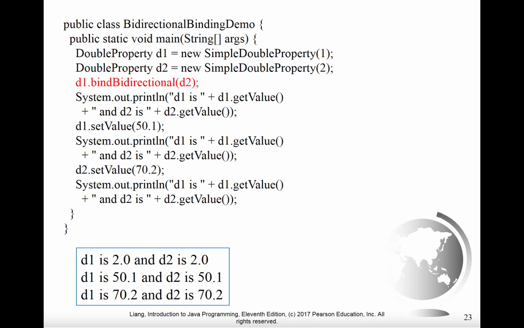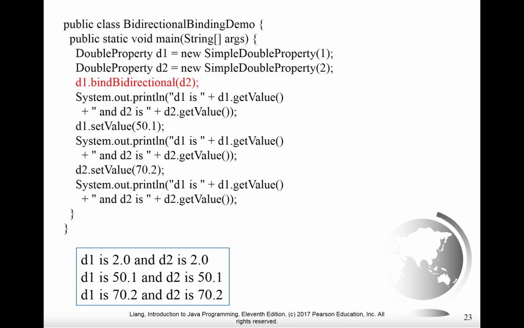If we had bound the other way, if we had said d2.bindBidirectional(d1), then the first line of the output would look different, and what we would see there would be D1 is 1.0 and D2 is 1.0. But after that, after we've done the bidirectional bind and then we make changes to either D1 or D2, any change we make is reflected in both of them equally, and they become indistinguishable one from the other.